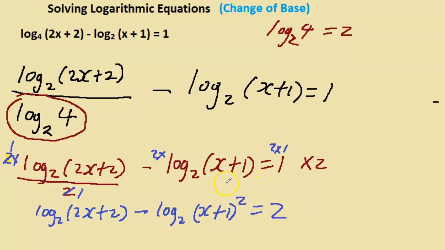And now we can consolidate the logs. So this is log base 2. We're subtracting, so we can put the 2x plus 2 over x plus 1 squared, equal to, the right hand side there is 2.